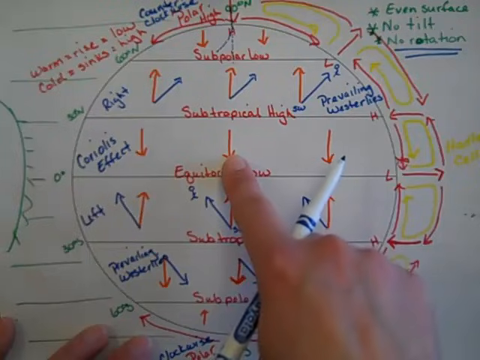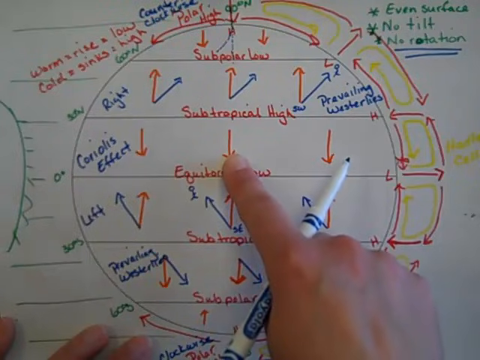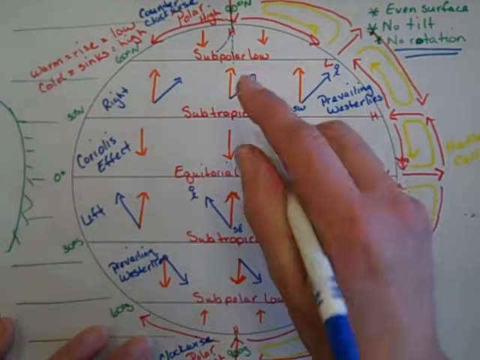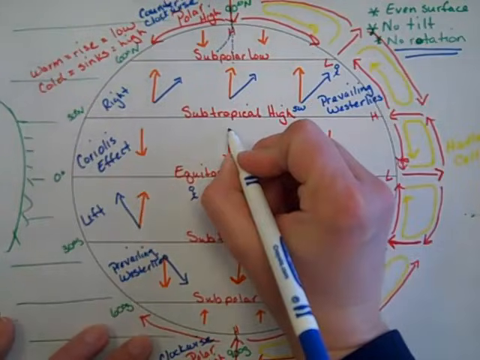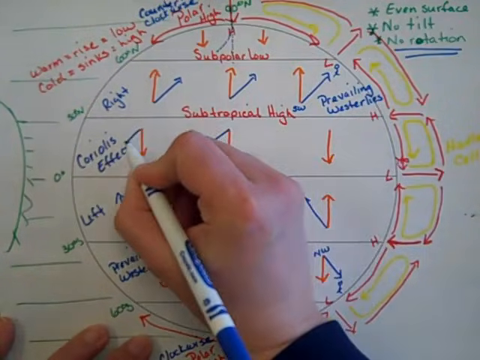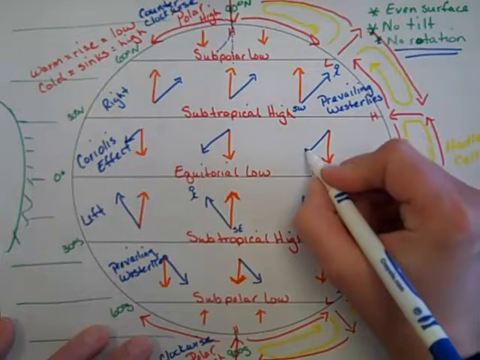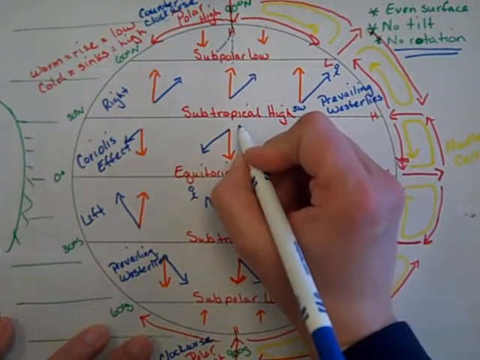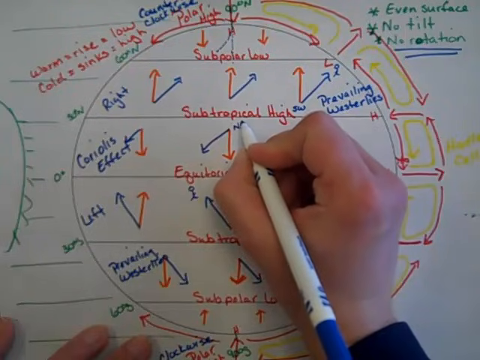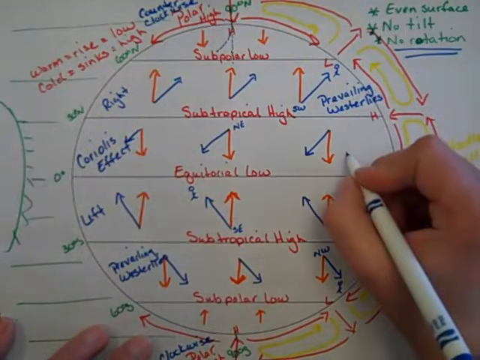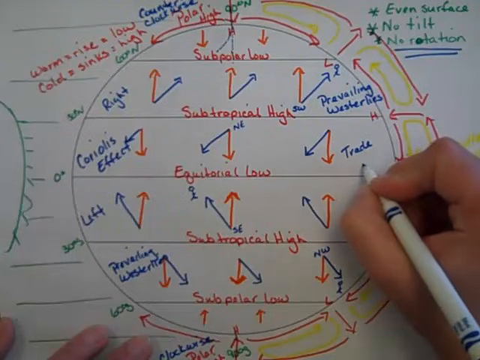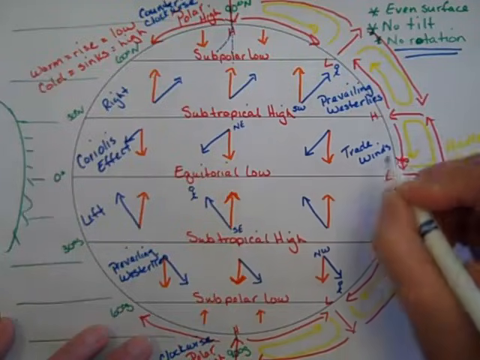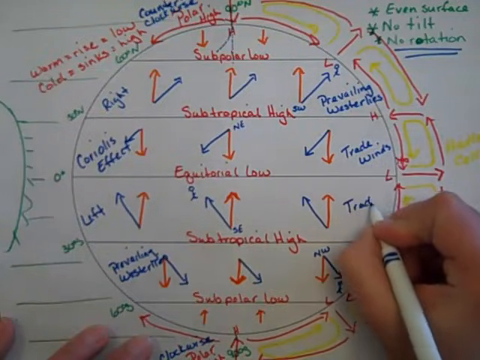In the northern hemisphere, it gets deflected to the right. So as we are walking down our arrow, we get deflected to the right. And if you're standing on our island, this appears to be coming out of the northeast. These are called the trade winds. In both belts, these are called the trade winds.